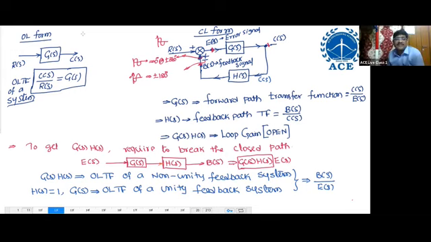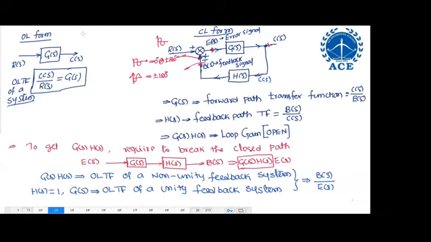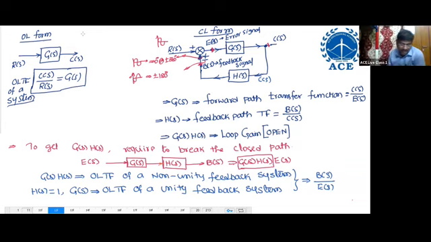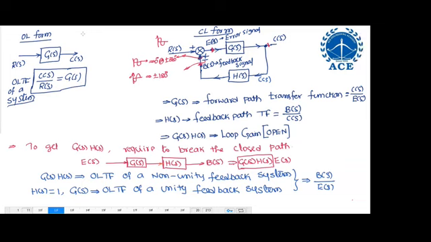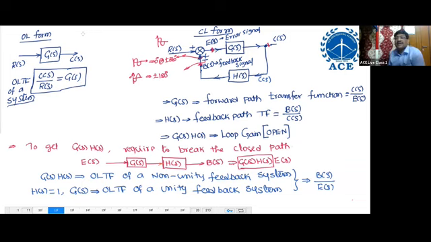You should not see the sign, you should see the value. GH is in the numerator, and GH is a large value. The negative indicates the phase shift. That's all. Okay, sir.